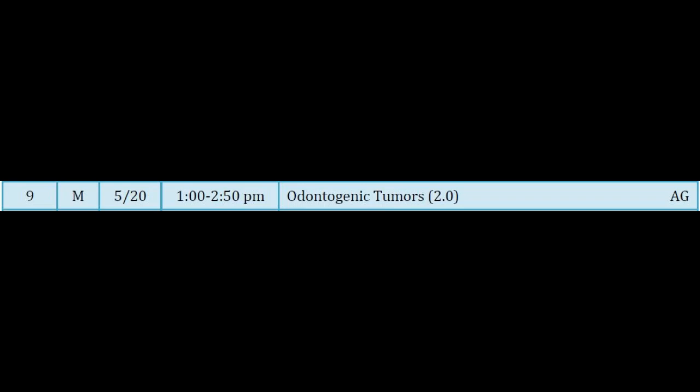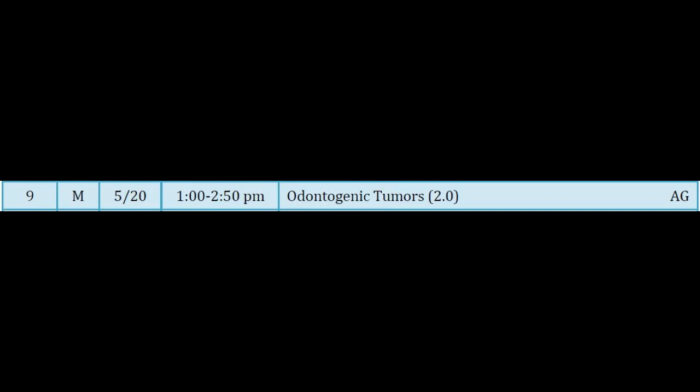So a conventional ameloblastoma can mimic a dentigerous cyst in its radiographic appearance, right? An odontogenic keratocyst can mimic a dentigerous cyst in its radiographic appearance. So you have to make a short list of things that can mimic dentigerous cyst radiographically and present as unilocular radiolucencies. Okay? So that's how you get to differential diagnosis.